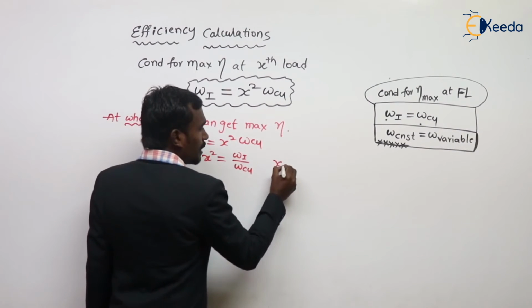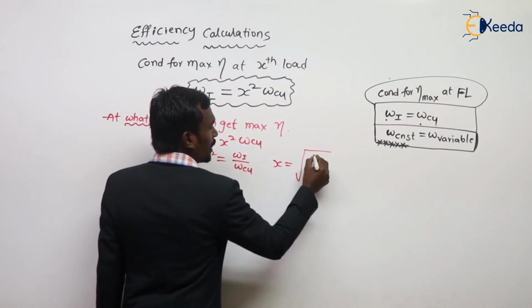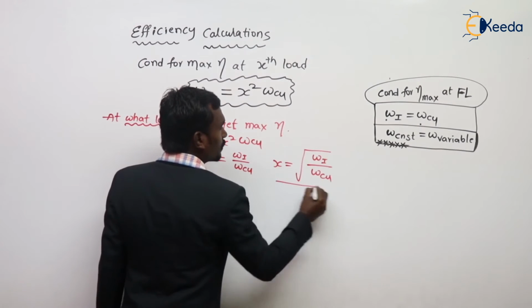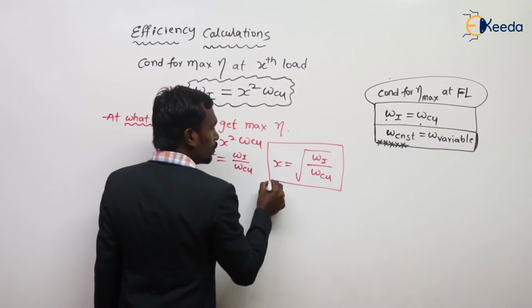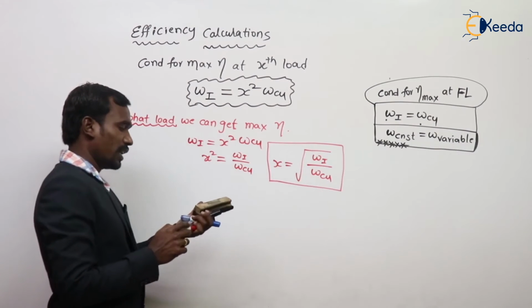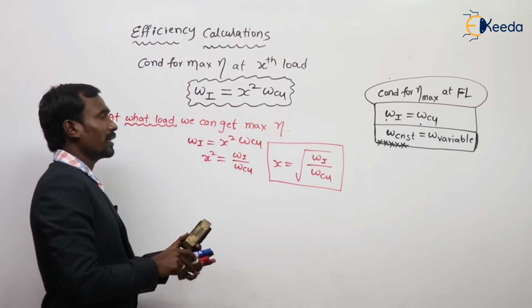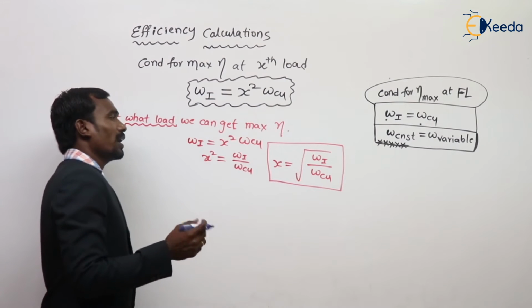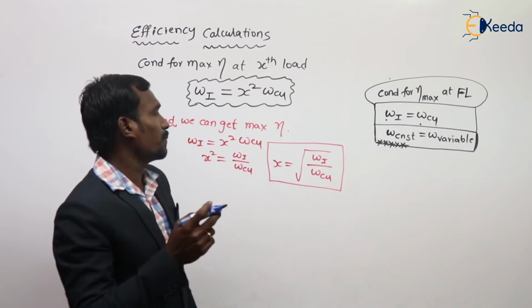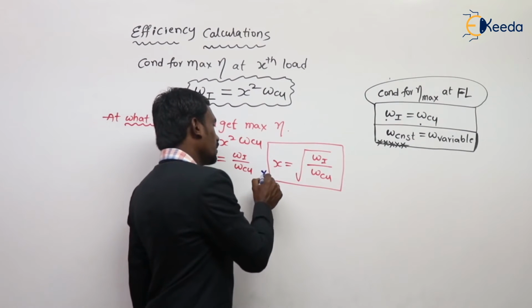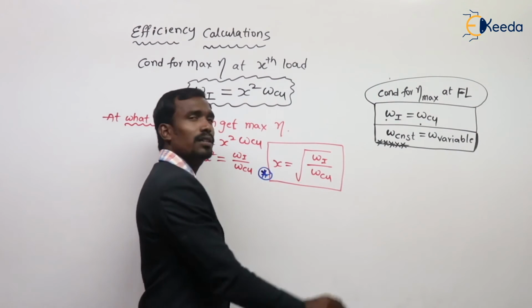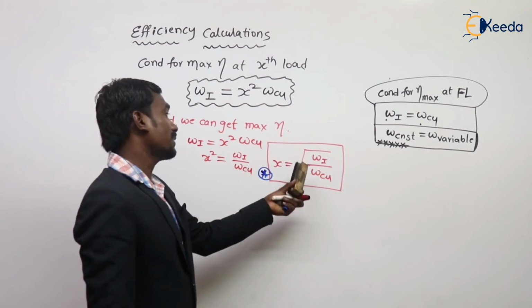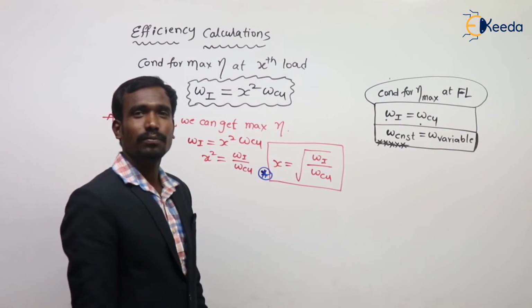From this, X is equal to square root of iron losses by copper losses. This is the X, or load, to get the maximum efficiency.